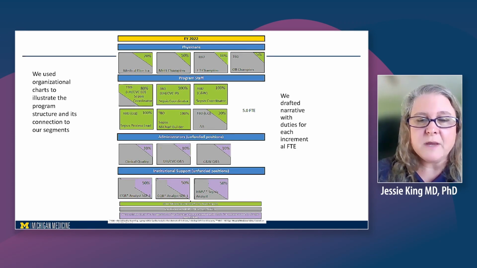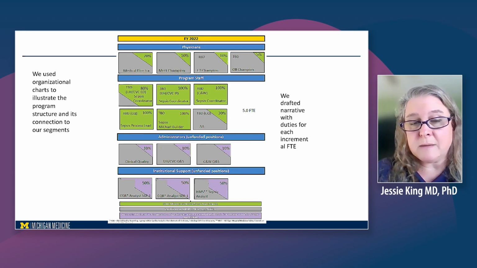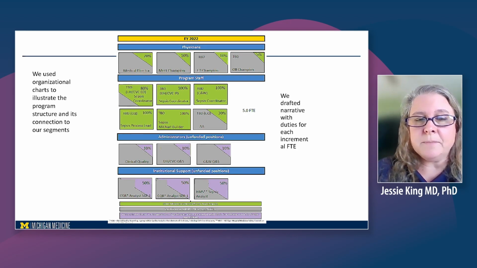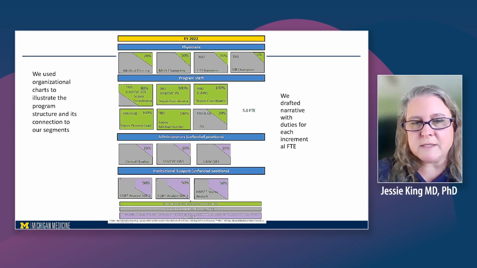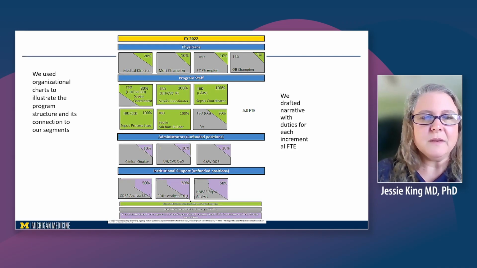So we have institutional support. So these are, again, positions that already exist within the institution, for whom a portion of their time is dedicated to analyzing and summarizing sepsis data from across the institution. So this is what we found as key people that needed to be involved in order to keep track of what's going on where across the entire institution.